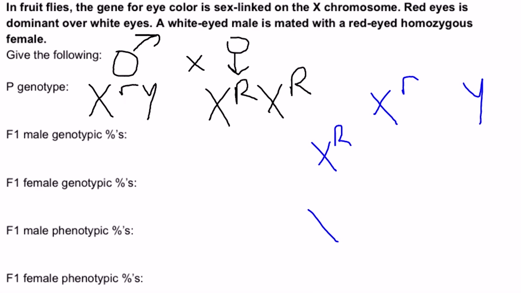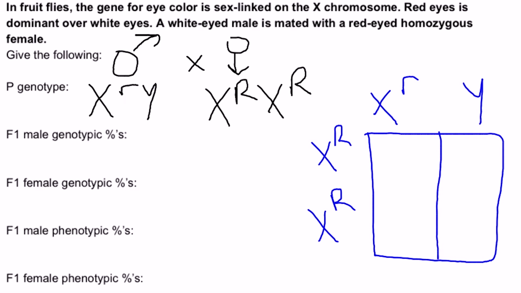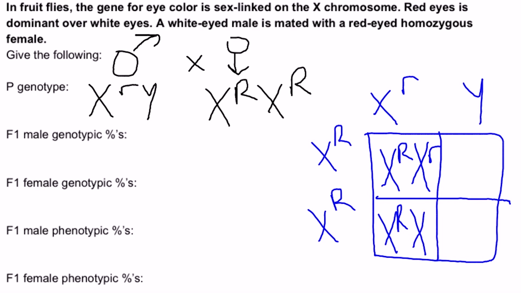You have X with a little r and Y with X with a large R and X with a large R, and this is your father and mother. And so we're going to cross these together, and you're going to see that some of them are going to be female and some of them are going to be male. Now these percentages are going to be specific to male and female.